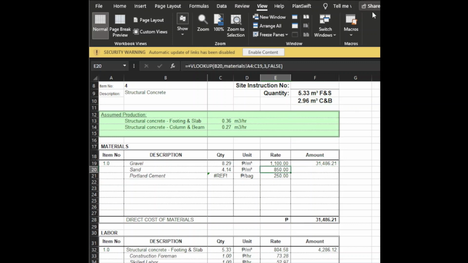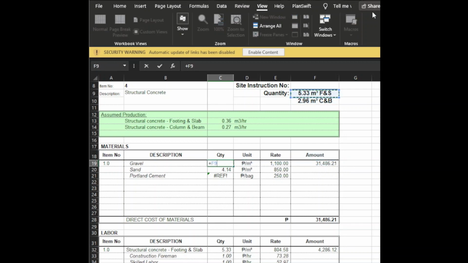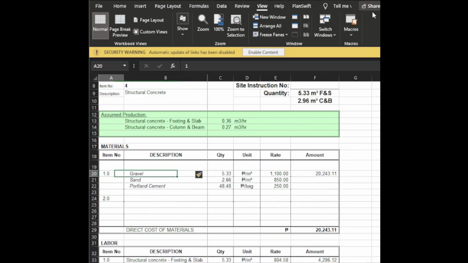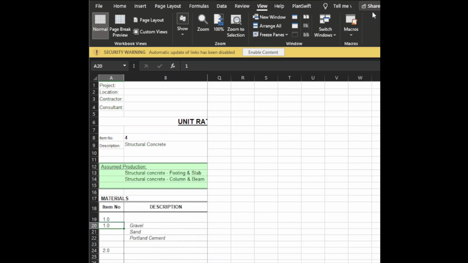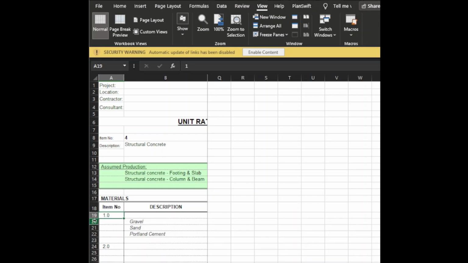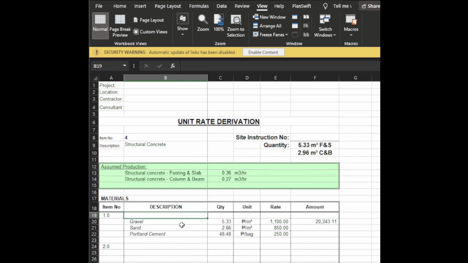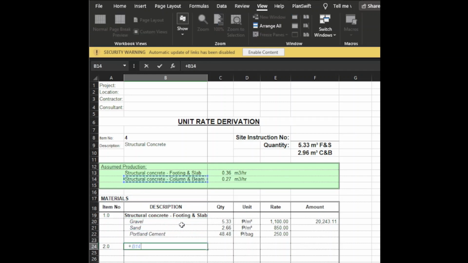We will just separate this one. 5.33, then 0.5 times 5.33, then plus 9.1 times 5.33. So number 2, that's why I need to put the description, guys, so that we will not be lost. Okay, structural footing and slab, and also here the structural for column and beam.